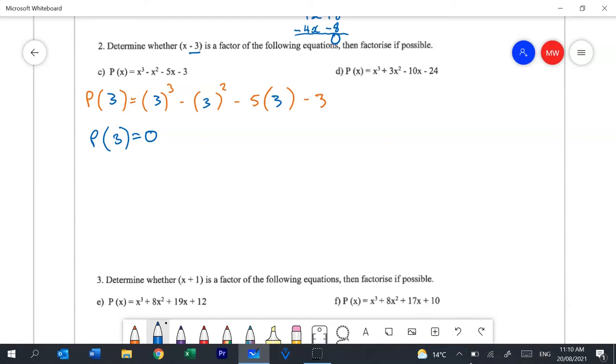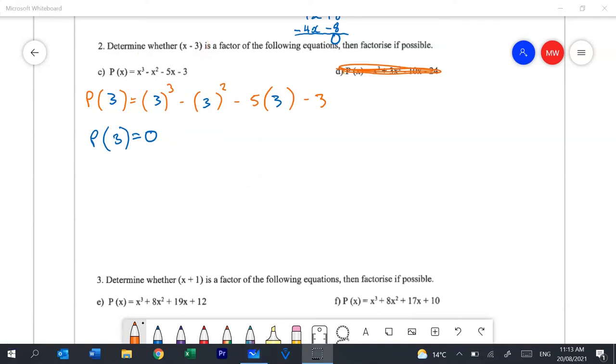But this time we'll use synthetic division instead. Alright, we're going to set ourselves up for our synthetic division. We've got a minus 3, so we're going to make that a positive 3 here.